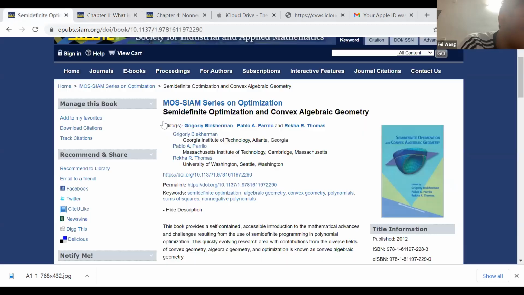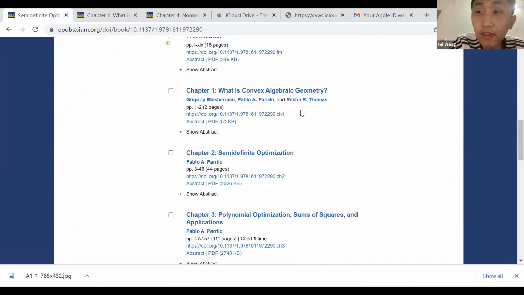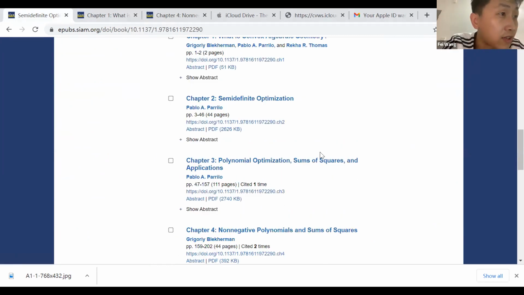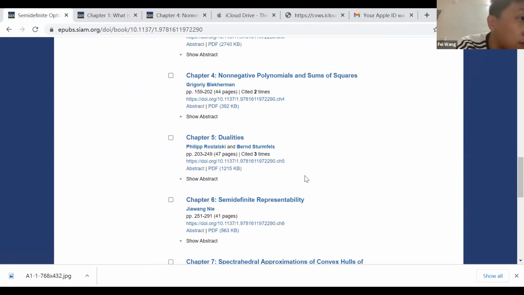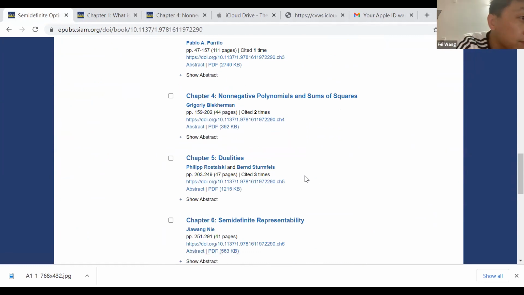The first two chapters are very basic stuff, chapter 1 and chapter 2, and today I will mainly focus on chapter 3. I will be roughly following this chapter. I'm not going to talk about the other chapters, maybe a little bit.